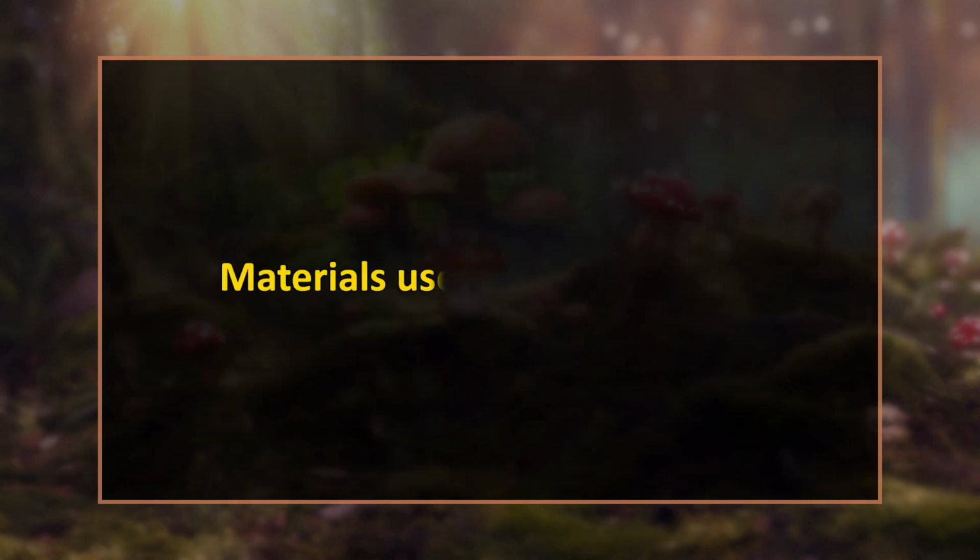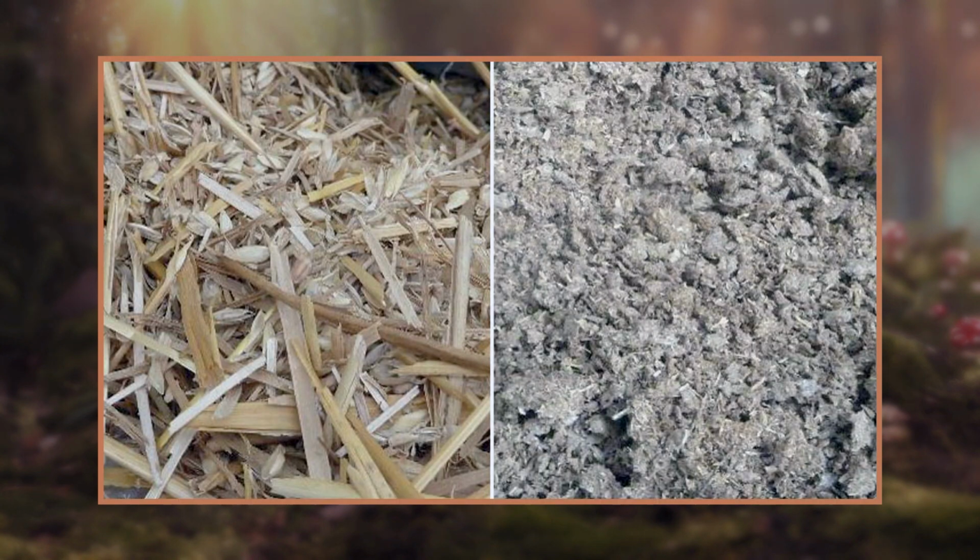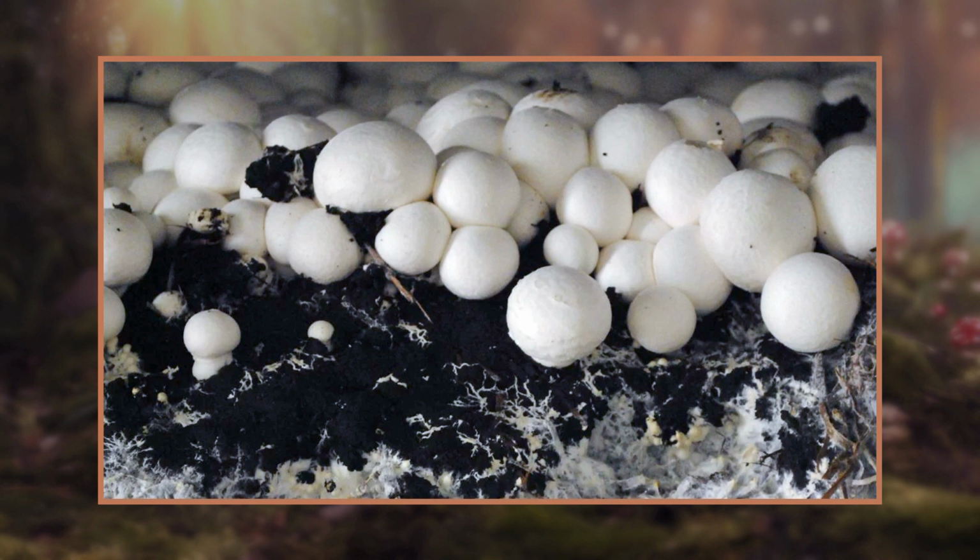Dear students, let's now discuss the materials used as casing layers. There is a great diversity of materials of mineral, plant and even industrial or synthetic origin that can be used as a casing layer. Among these materials, peat moss stands out as the most widely used material worldwide for the cultivation of Agaricus bisporus.